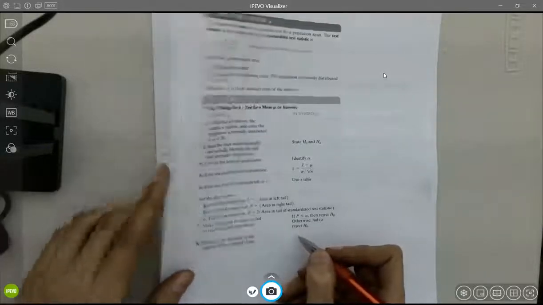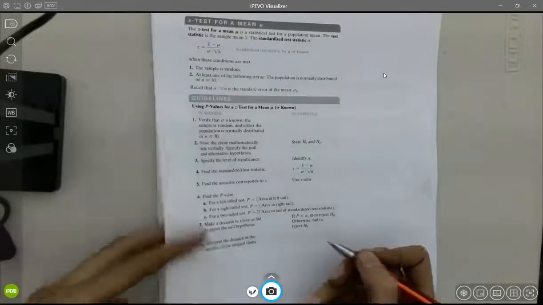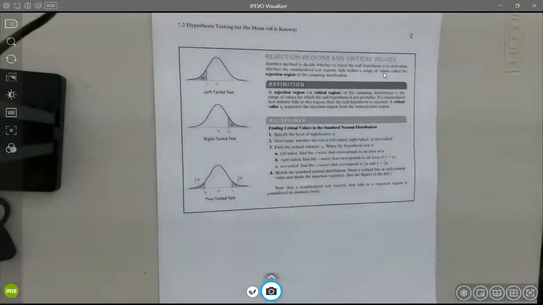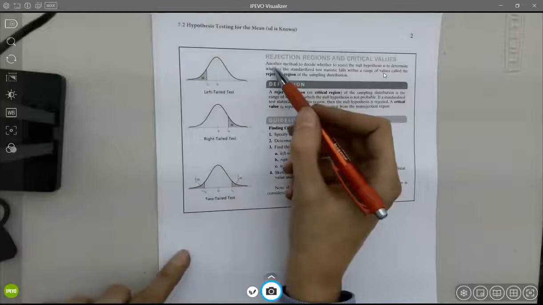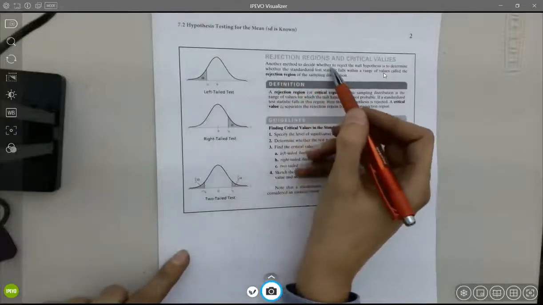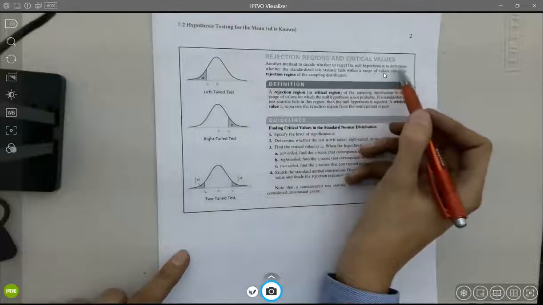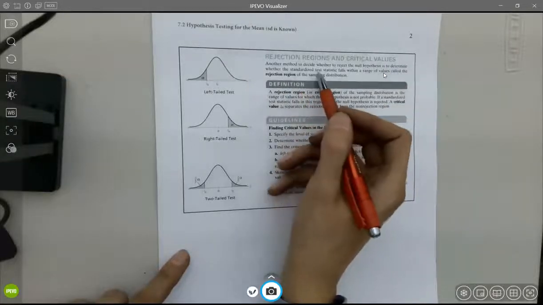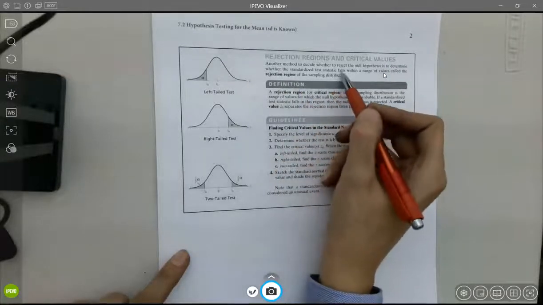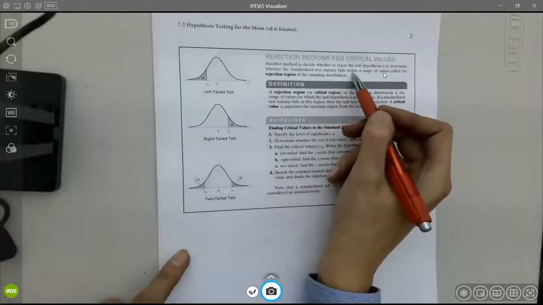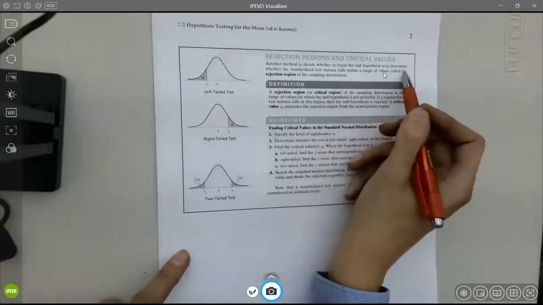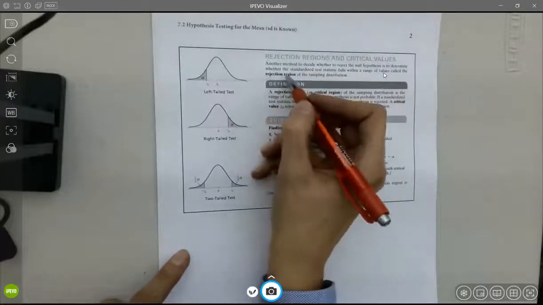Another method of deciding about null hypothesis is using rejection region. So another method to decide whether to reject the null hypothesis is to find the standardized test statistic and see if it falls within a range of values called the rejection region.